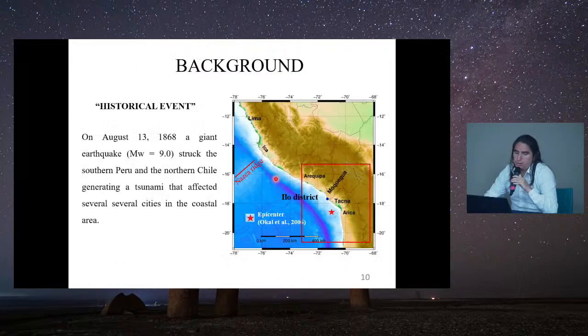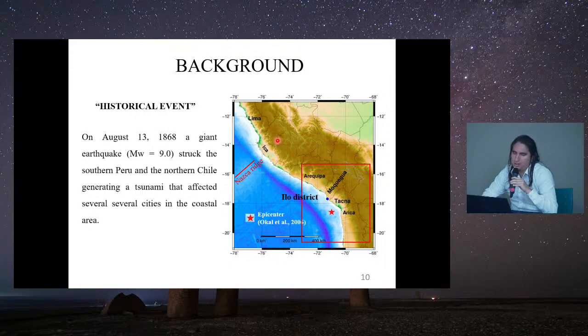So what did I do? This is the historical event, as I mentioned, of 1868, which was a giant earthquake. The magnitude, as someone said yesterday, depends on who you ask. In this case, it is around 9.0 Mw, and it struck southern Peru and northern Chile, generating a huge tsunami.